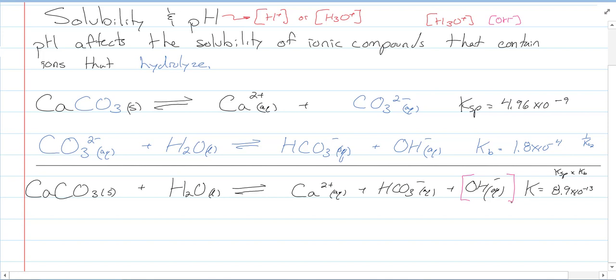So this is where the pH is going to affect solubility of calcium carbonate. If we're in basic conditions, so that means there's more OH minus, this is even less soluble. Calcium carbonate is even less soluble because the reaction will go towards reactants. However, if we are in acidic conditions, hydroxide will be removed and more calcium carbonate will dissolve. So that's where the whole pH will affect.